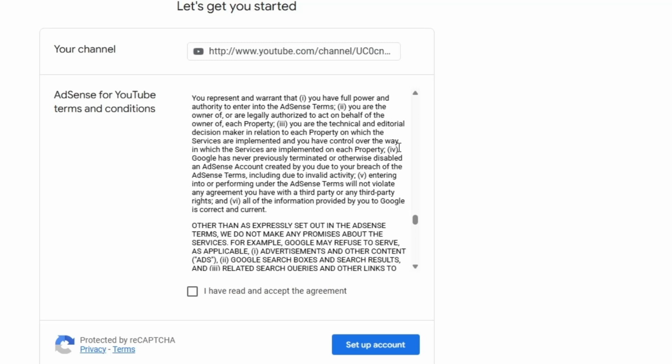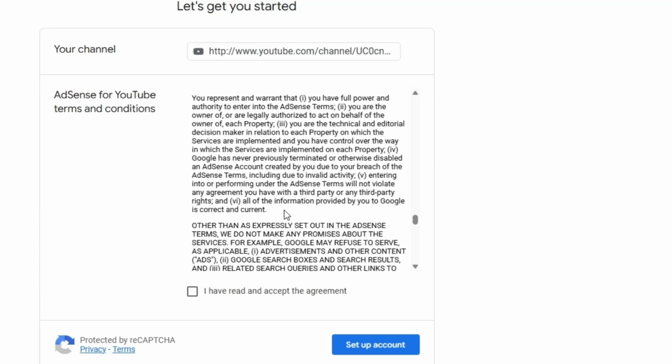Google has never previously terminated or otherwise disabled an AdSense account created by you due to your breach of the AdSense terms, including due to invalid activity. 5. Entering into or performing under the AdSense terms will not violate any agreement you have with a third party or any third-party rights. And 6. All of the information provided by you to Google is correct and current.